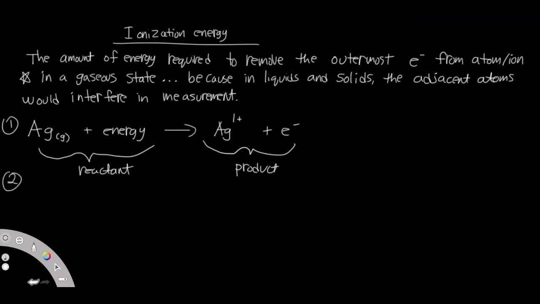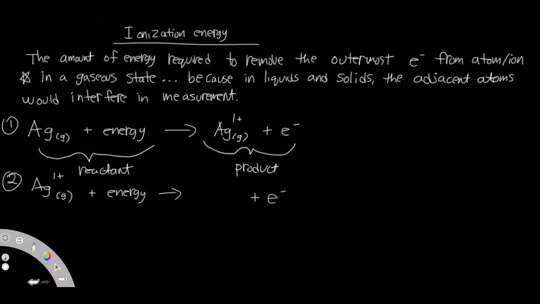You could also have a second ionization energy where you get that product, the one that we made, and add it with energy, and it's going to do the same thing. It's going to get rid of another electron in its valence shell.